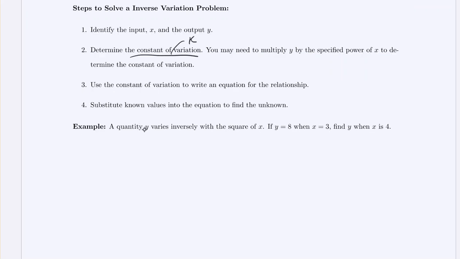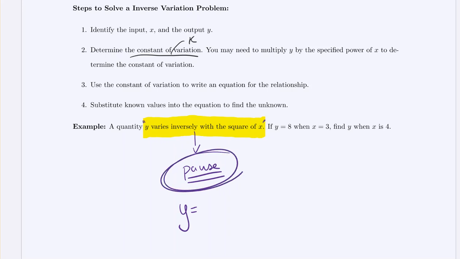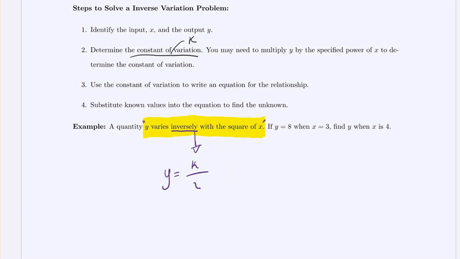It says a quantity y varies inversely with the square of x. Now why don't you take a minute to pause the video and give a guess of what our equation would be that's described by this statement. The key thing to pay attention to here is it says inversely, so I know it's going to look something like this.